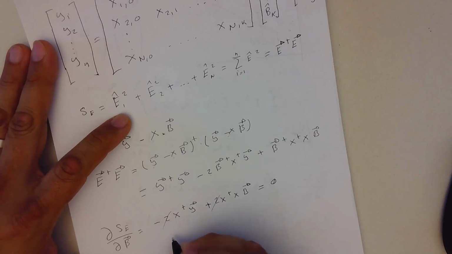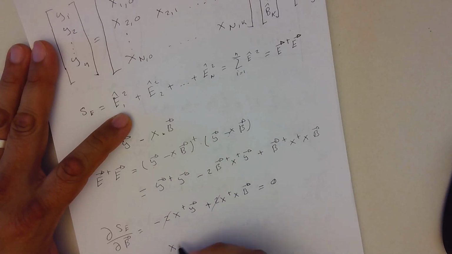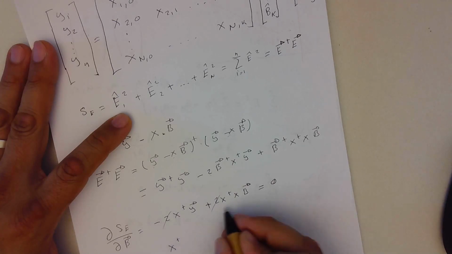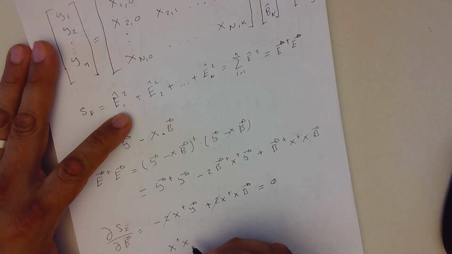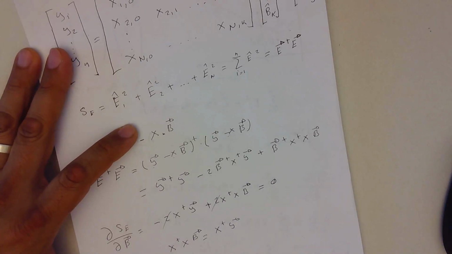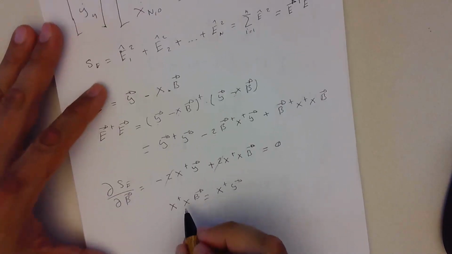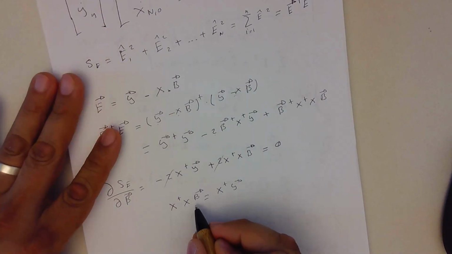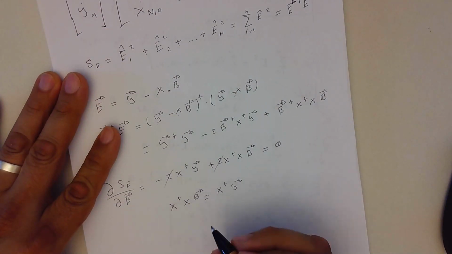And then we have X transpose X beta, this one, right? Because this is negative, we can move it to the other side: X transpose X times the vector beta equals this part, right? And now we cannot divide a matrix, but we can multiply by the inverse, right?